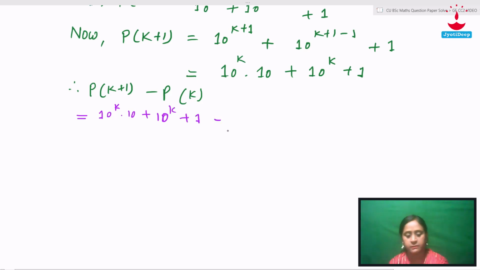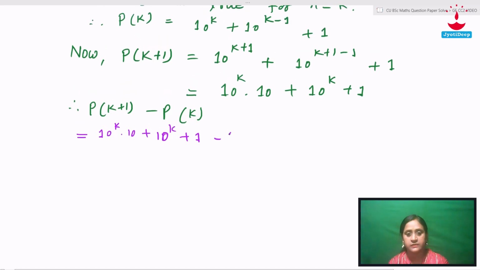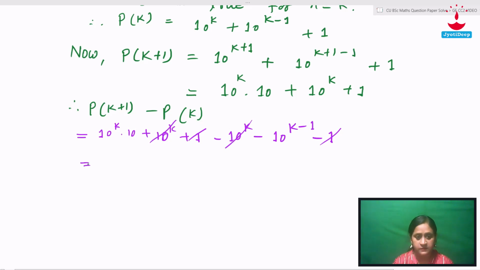Pk means we know what? That is 10 to the power k minus 10 to the power k minus 1 minus 1. So plus 1 minus 1 cancel out. 10 to the power k minus 10 to the power k cancel. So we got it here 10 to the power k into 10 minus 10 to the power k minus 1.